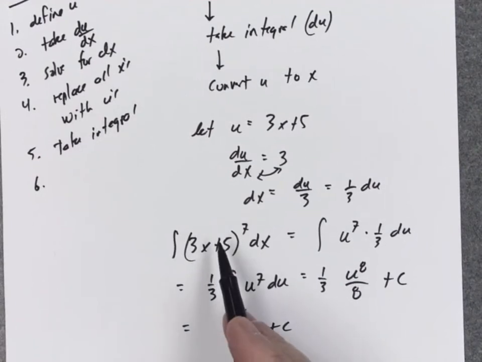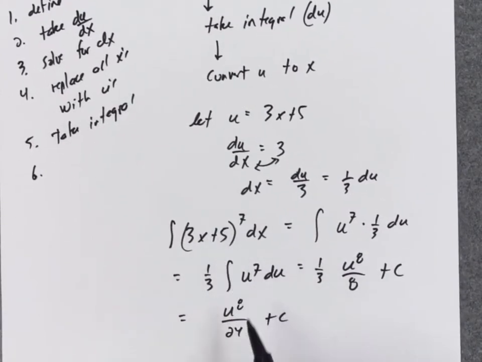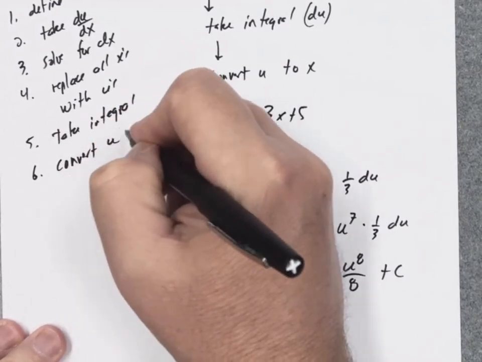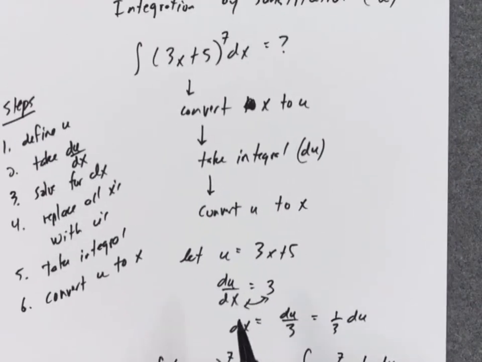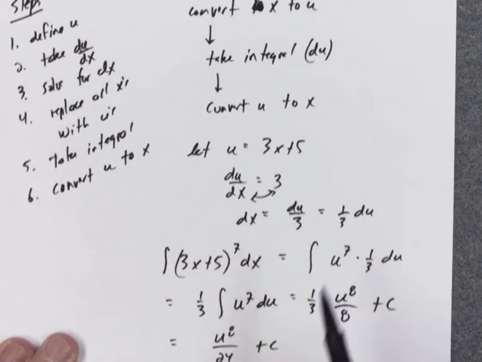So I've actually taken the integral, which was my goal. I was given an integral, I've taken it. The problem is, the original problem had x's in it. I've taken the integral, and my answer is in u's. So what's the last step? Somehow, instead of u's here, I need to convert to x's. And it's pretty straightforward, because when I first defined my u, I said u is 3x plus 5.